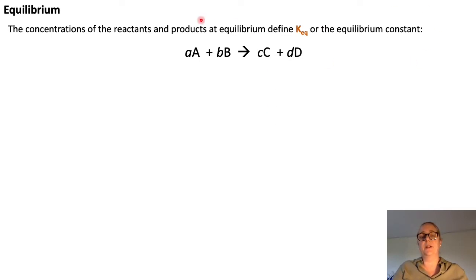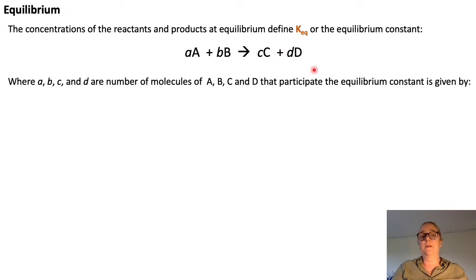Here in this equation, we have small a times large A, plus small b times B, giving us small c times C plus small d times D. Small a, b, c and d are the number of molecules, whilst the capital letters A, B, C and D are the species that participate in the equilibrium constant.